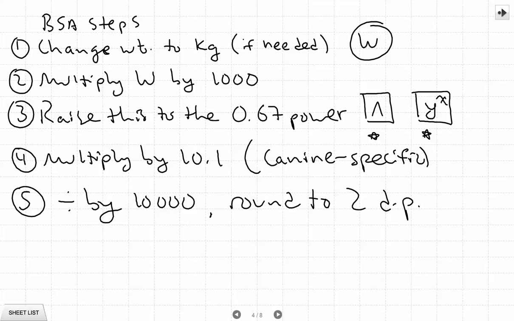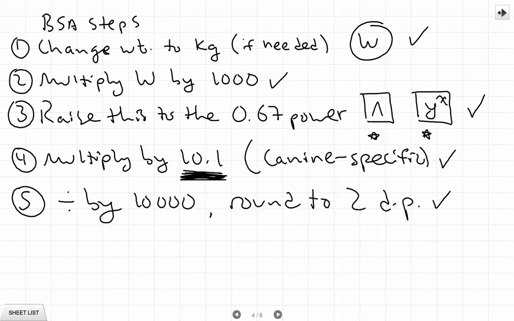So again, change the weight into kilograms, multiply those kilograms by 1,000, raise that product to the 0.67 power, multiply by a factor of 10.1, which, like I said a couple times now, is specific to dogs. It's a different formula for a different species. And then when you're done there, divide by 10,000.